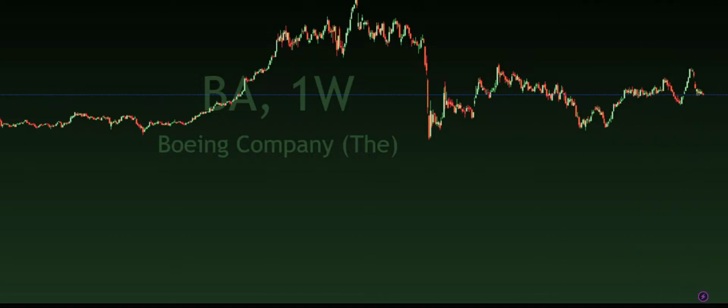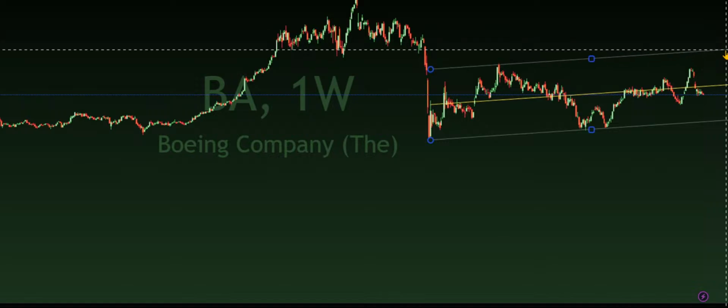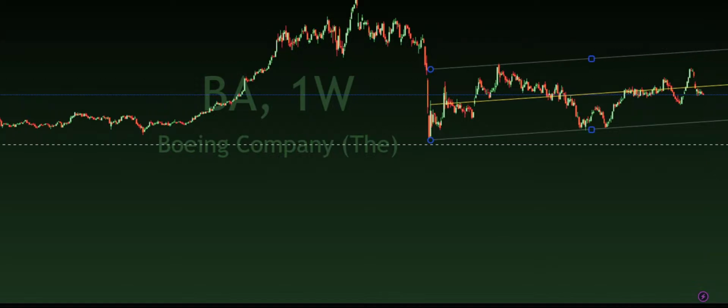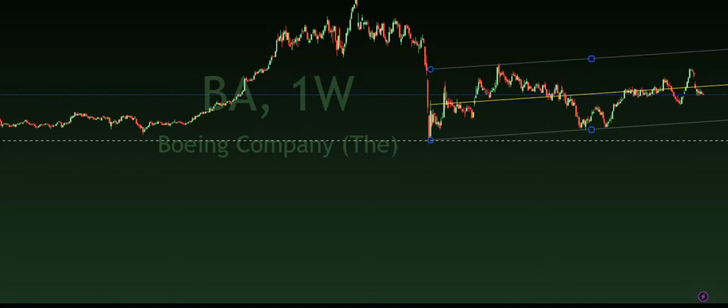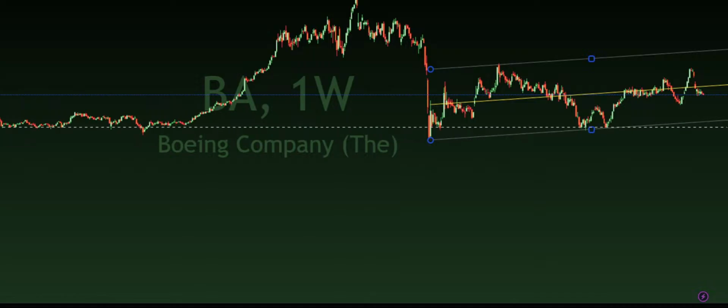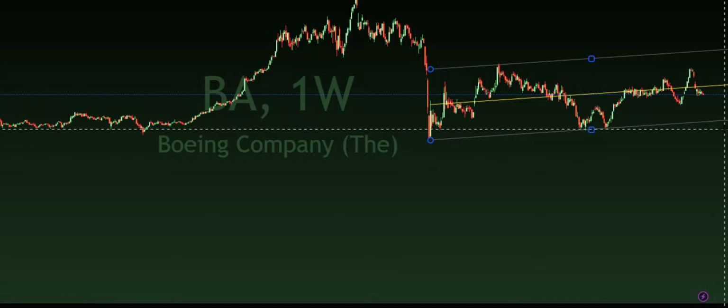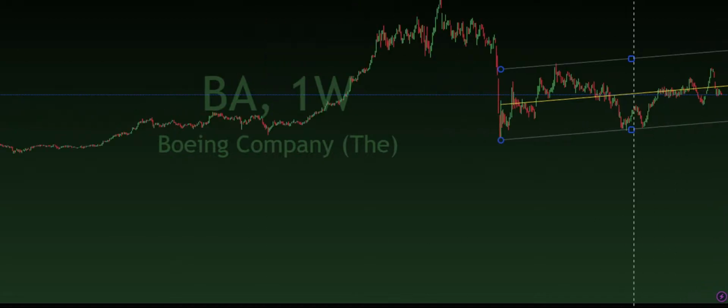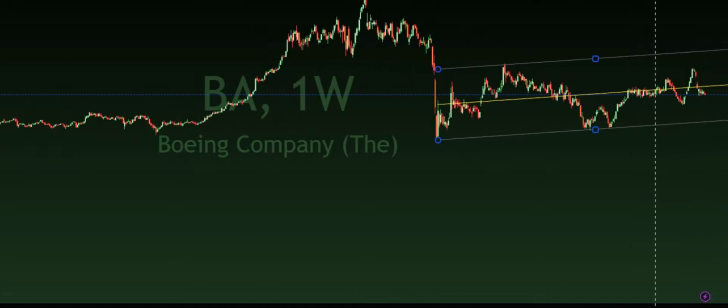So with BA, overall, I've got to give it to the weekly. It's not good, but it is an uptrend. Just enough to call it an uptrend. Now, that downtrend, right?